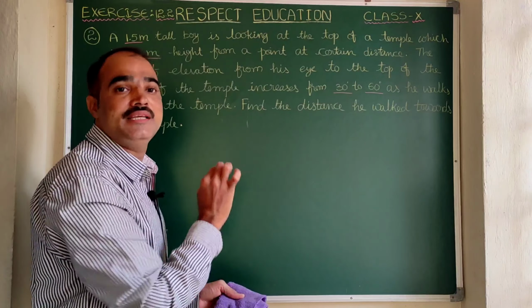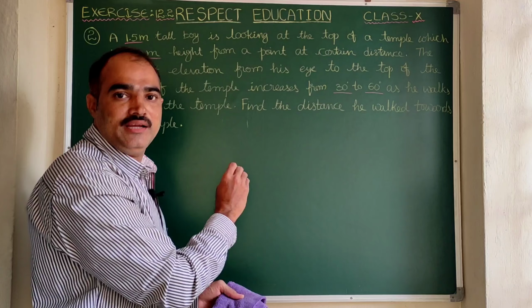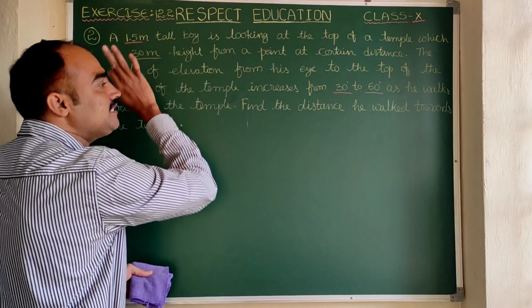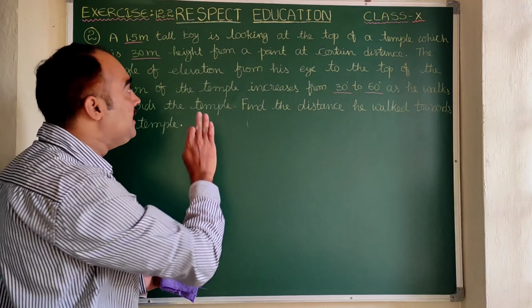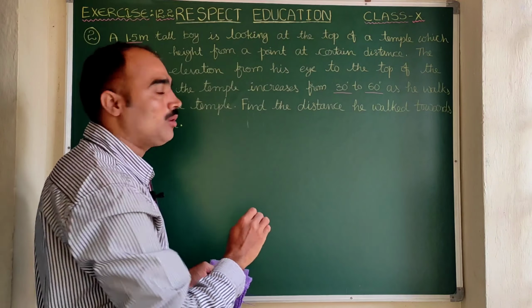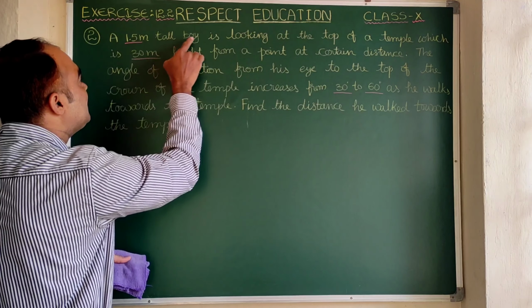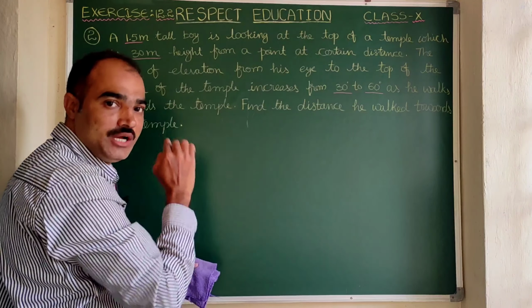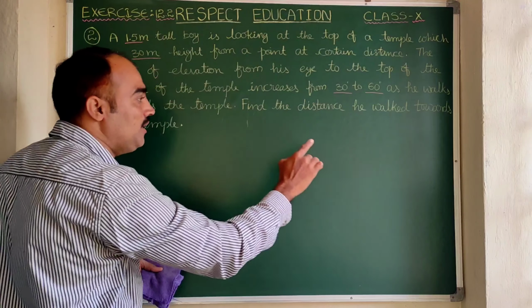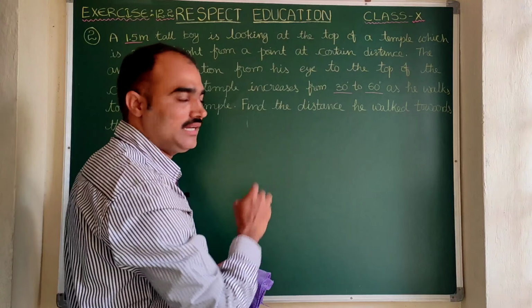We have to draw the height of the boy. For example, if it doesn't mention here, then we need not draw a separate line for the boy. Here in this problem, it is clearly mentioned the height of the boy or height of the observer. In this case, we have to show this 1.5 in the figure.